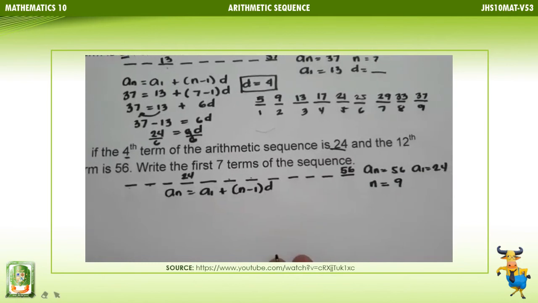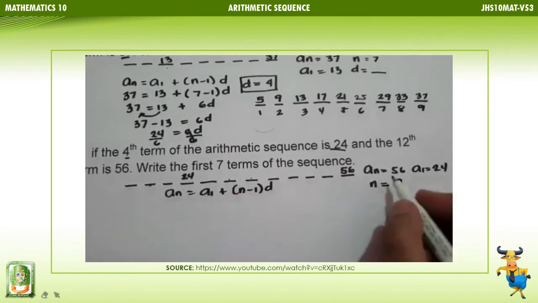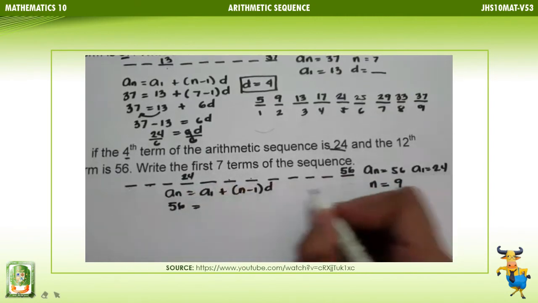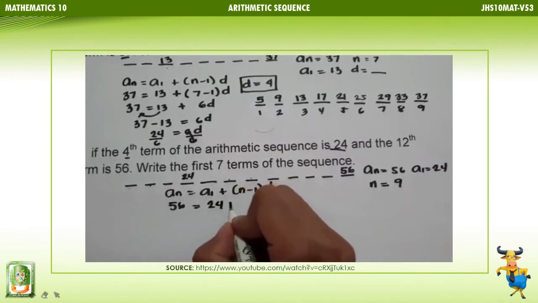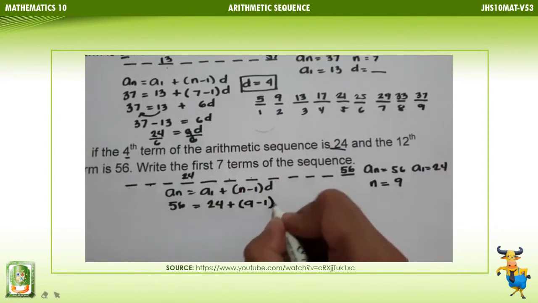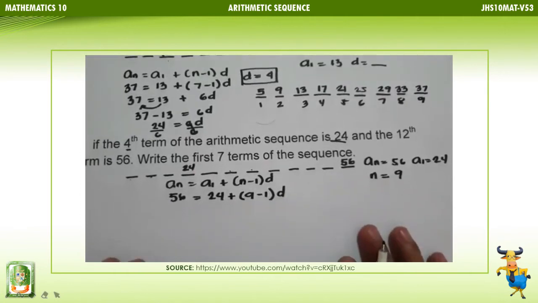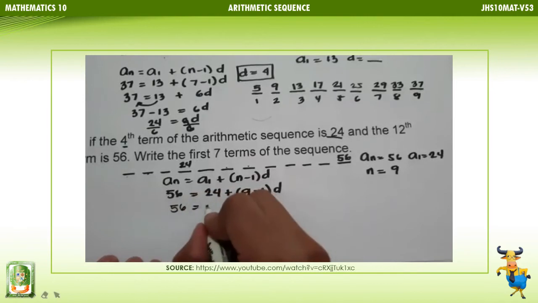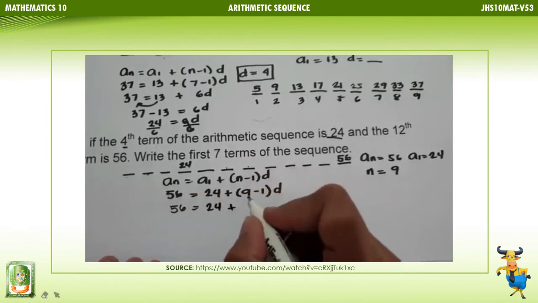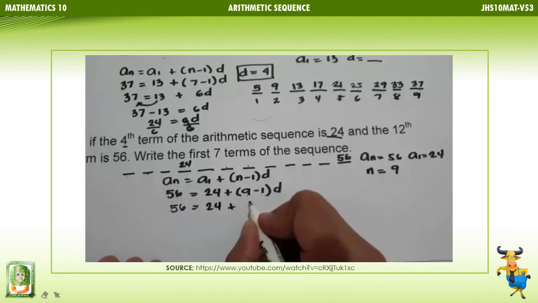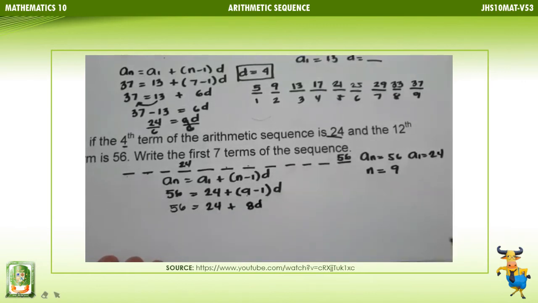Now, let us write the given. We have a sub n, which is 56. 56 equals a sub 1, that is 24, plus n minus 1, that is 9 minus 1, times d. And then we have 56 equals 24 plus 8d.